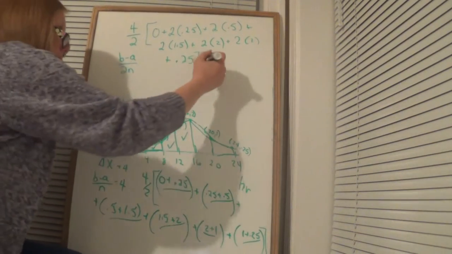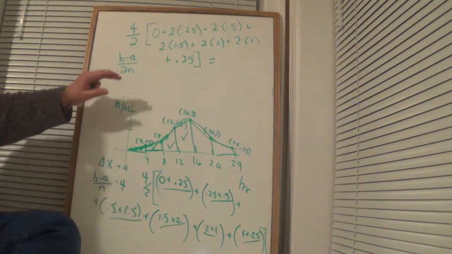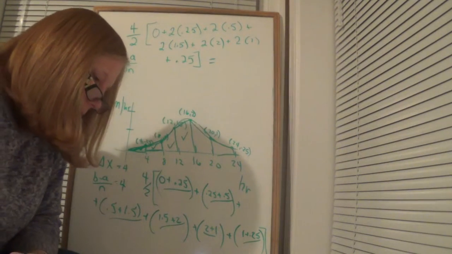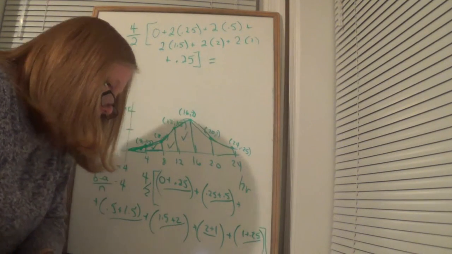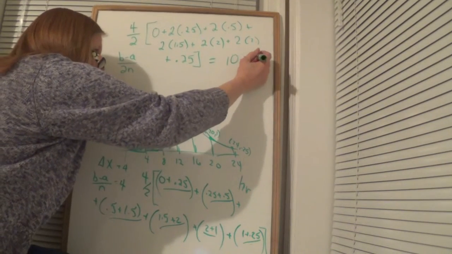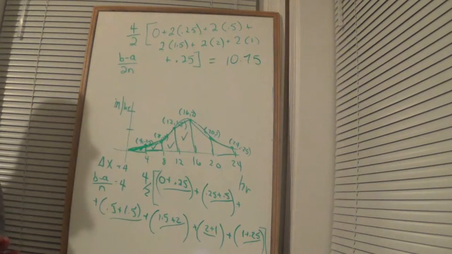And when I multiplied all that out and added all that and multiplied it by 4 over 2, which is 2, I came up with 10.75. I haven't checked that yet, so if it's wrong, you'll have to correct me, and that will be in inches.